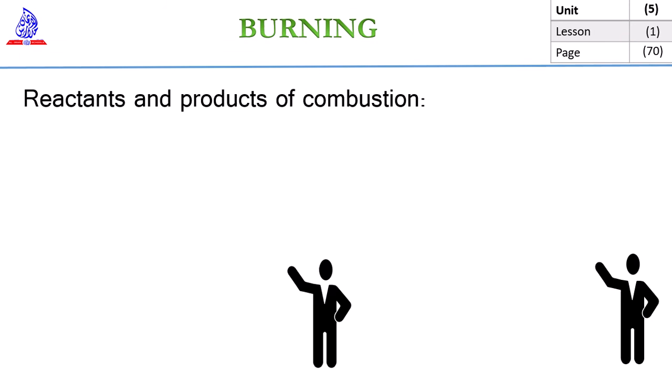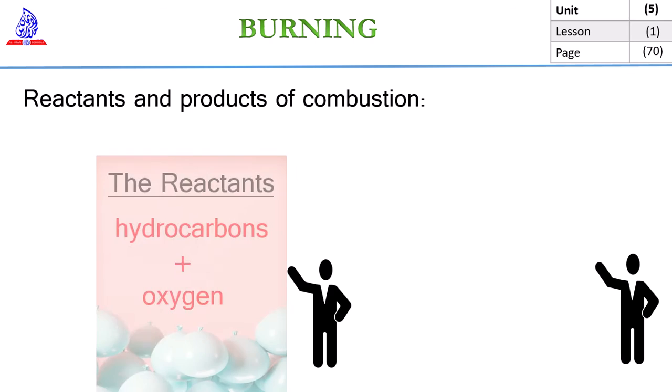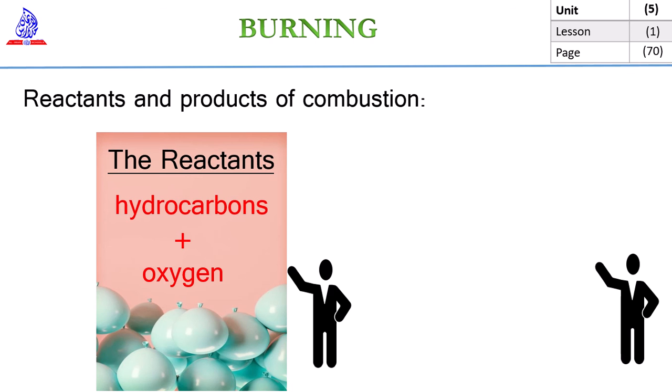In burning, there are reactants, the materials which react together, and we have a product of this reaction. The reactants are the substances before the arrow. The products are the substances after the arrow. Look at here. The reactants in this reaction, in burning, are hydrocarbons reacting with oxygen. Look at the term hydrocarbons.